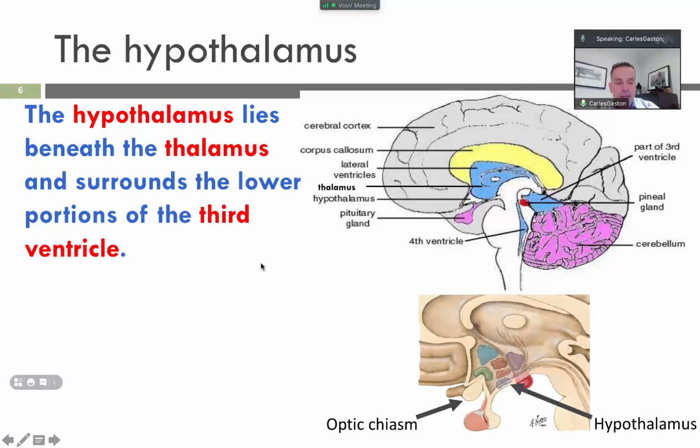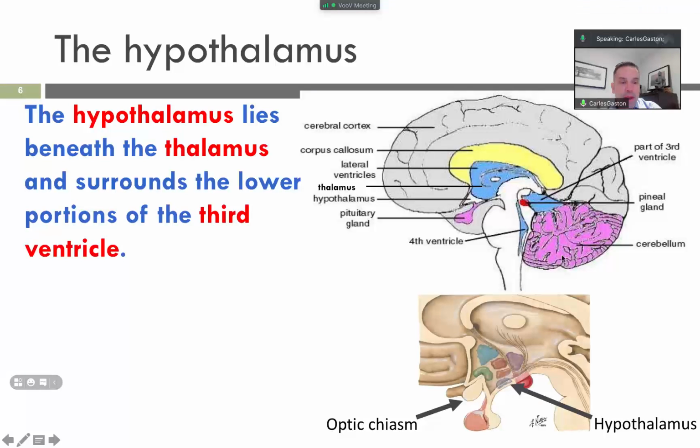If we look at the anatomy, what you can see is the cerebral cortex, in yellow the corpus callosum, the lateral ventricles, the thalamus, and the hypothalamus here in white, which is just above the pituitary gland.